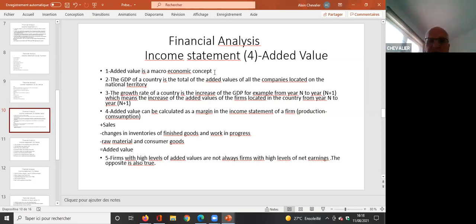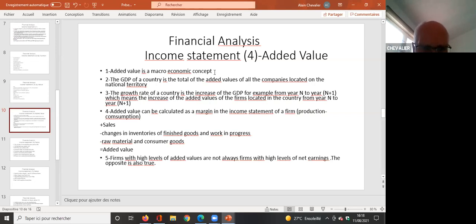So it is clear that it's important for tax measure, tax calculation, and it is important, of course, also for the finance authority in the country, because when you know the tax rates and when you know the added value of each firm, you have a good, at least, proxy of the amount of taxes which will come, which will be available for the government. So there is a tax issue there.